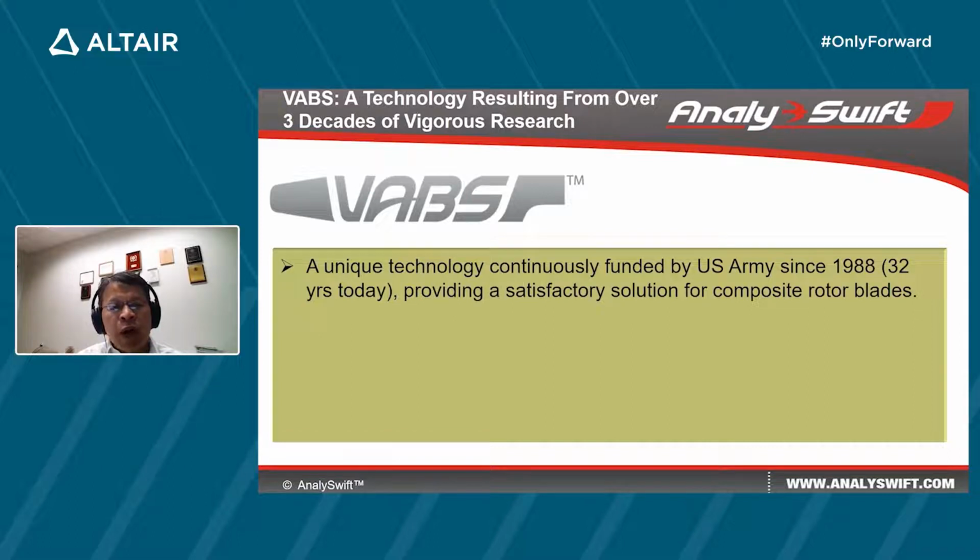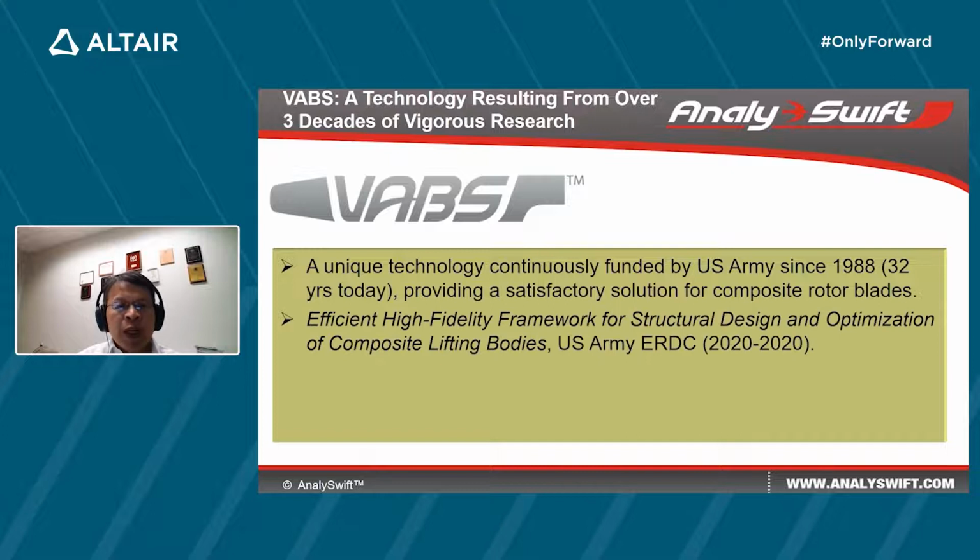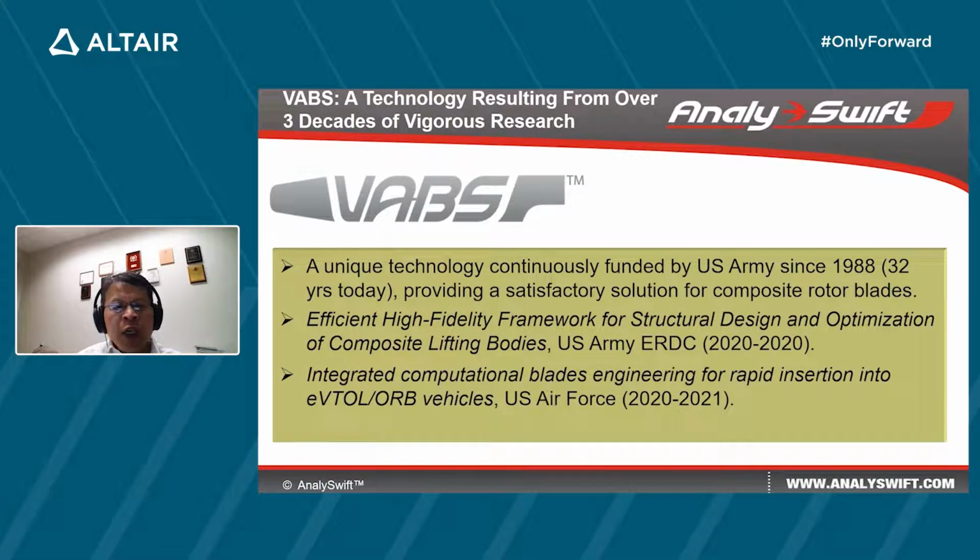It now provides a satisfactory solution for composite rotor blades. Currently, we are also under the support of the US Army and US Air Force to further develop VABS and put VABS into more novel applications. And it now has become a tool of choice for the helicopter industry and wind turbine industry after so many years of extensive research.